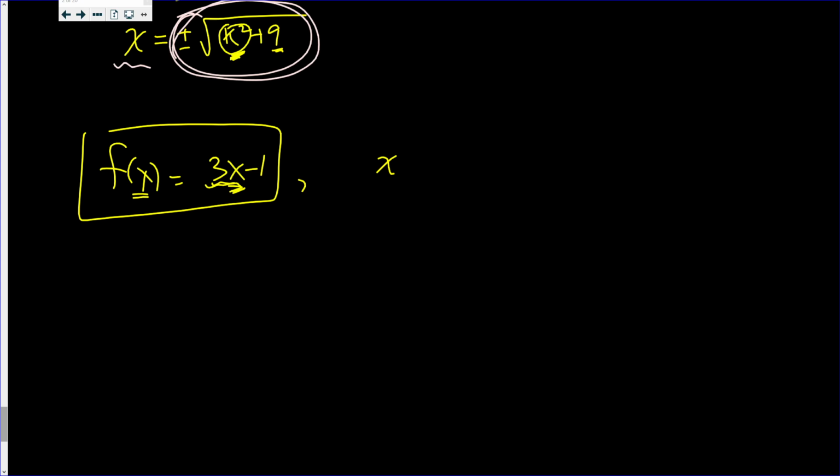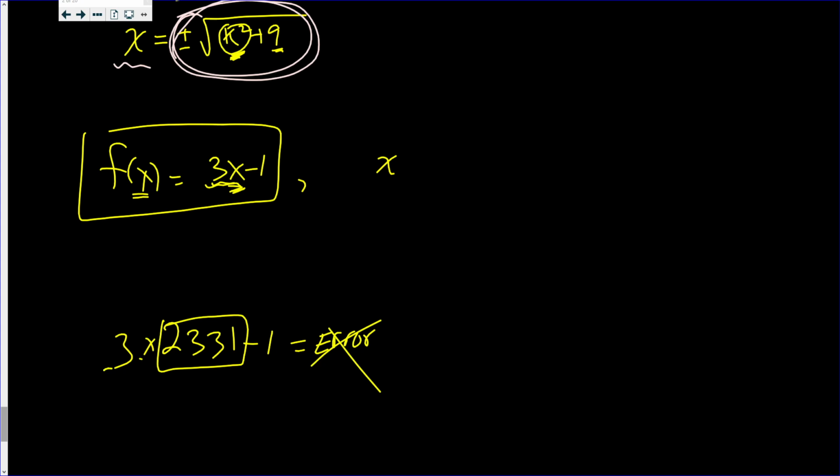There's never been a number that you put into your calculator, multiplied by 3 and took away 1, and your computer said error. You can multiply 0 by 3 and get 0, and then you take away 1, you get negative 1.